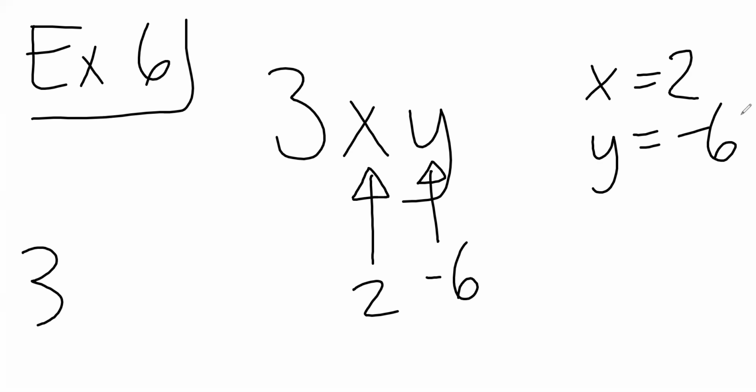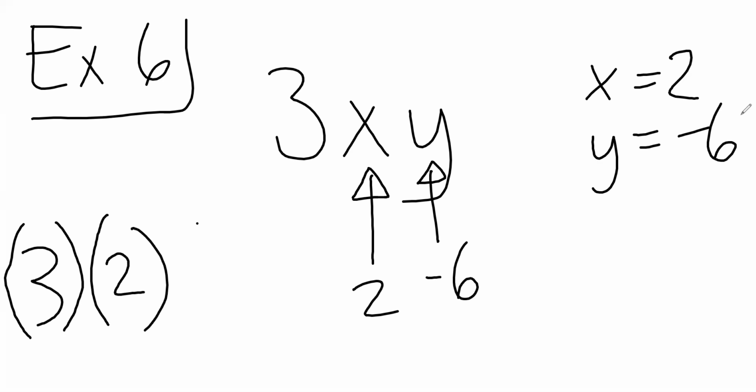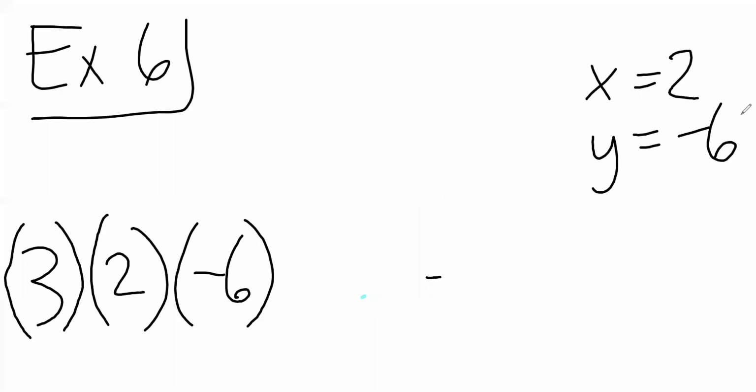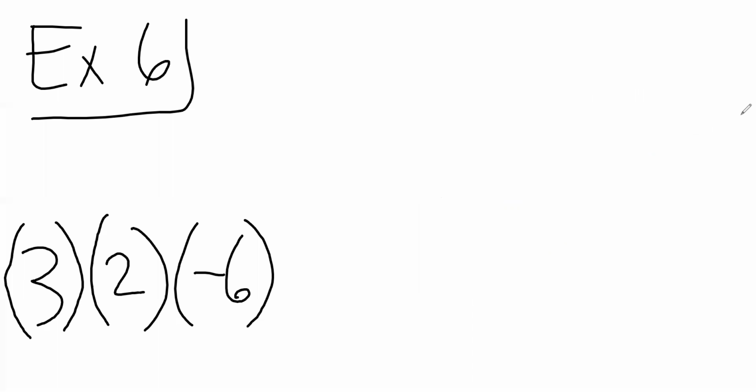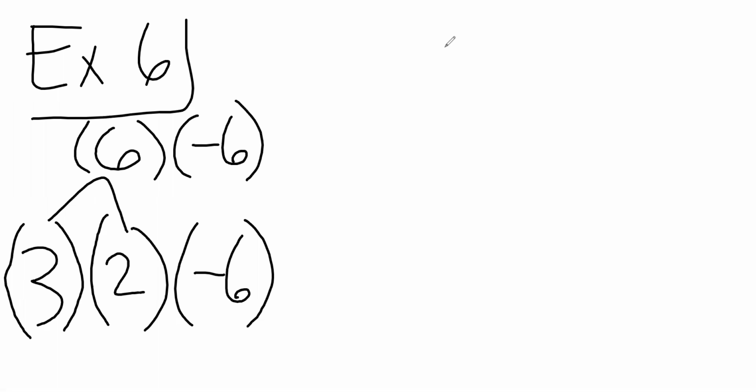You just have to pay attention to the sign. I like to put everything in parentheses, especially when there are negatives. So I have +3, +2, and then -6. Then I can see all my positive and negative values, and from there you just multiply from left to right. First, 2 times 3, what's that going to be, Madeline? 6. Good. Then I'm going to multiply that by -6. -6 times +6, Madeline?